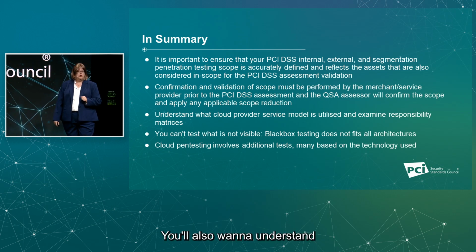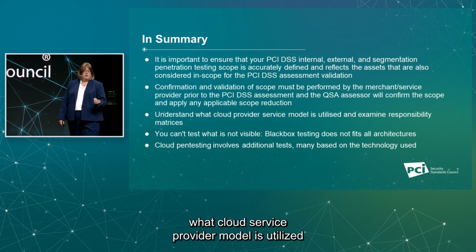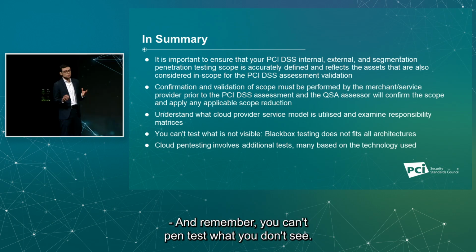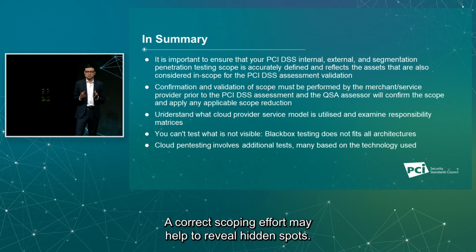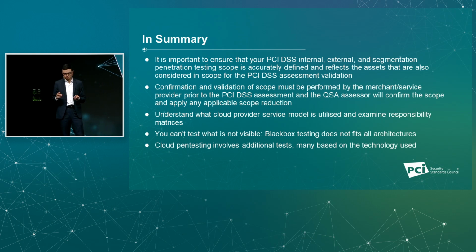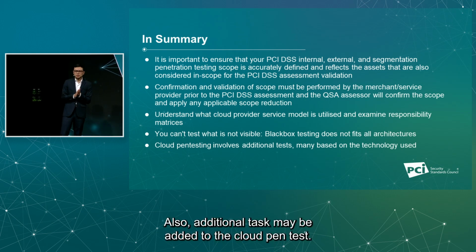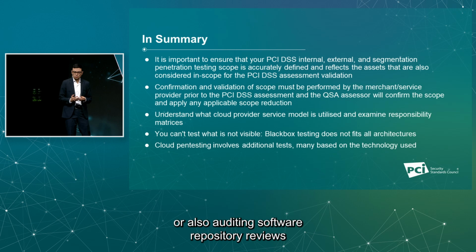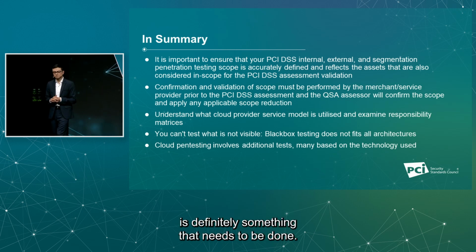You also want to understand what cloud service provider model is utilized, and then again, examine those responsibility matrices. And remember, you can't pen test what you don't see. A correct scoping effort may help to reveal hidden spots. Also, additional tasks may be added to the cloud pen test, for example, an external reconnaissance task, and auditing software repository reviews is definitely something that needs to be done.